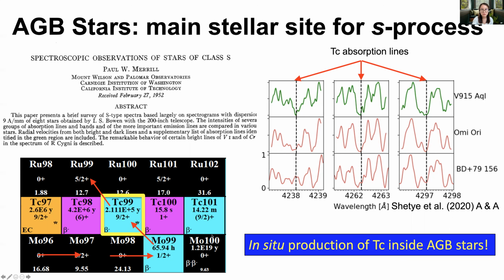And this corresponds to a low neutron density capture environment, and therefore the s-process. So the presence of technetium in stellar envelopes clearly points out that there's in situ production of technetium by the s-process in AGB star interiors.